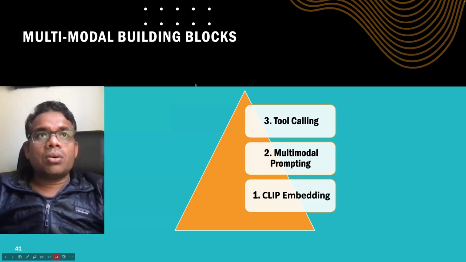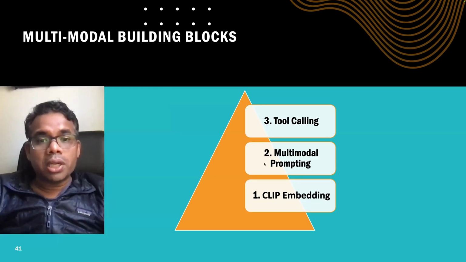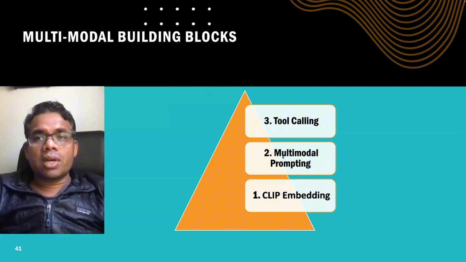So now we talk about the pillars of multimodal RAG, right? One is CLIP embedding, the other one is multimodal prompting and tool calling, right?